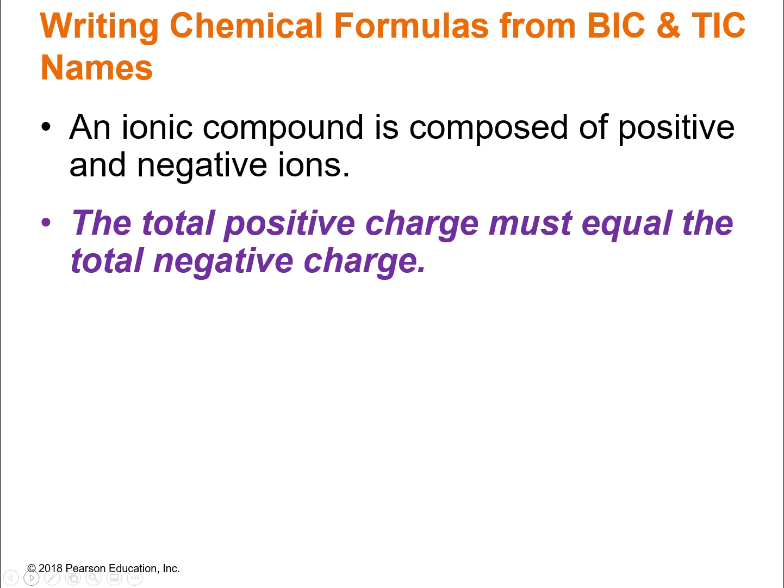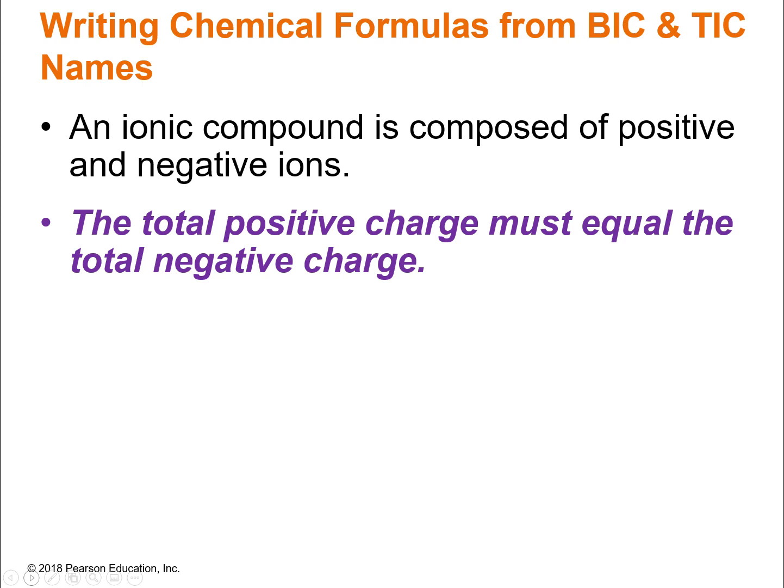So the ionic compounds takes the longest because we have to learn how to name them, and then we also have to learn how to write the chemical formulas, and that takes a little bit more practice than the other compounds that we're going to go over. Remember that an ionic compound is composed of positive and negative ions.